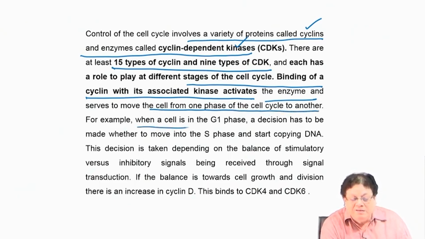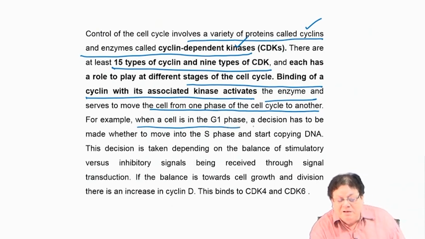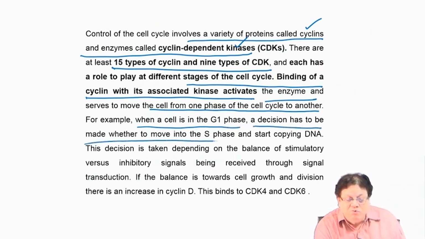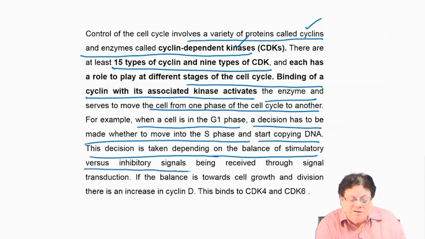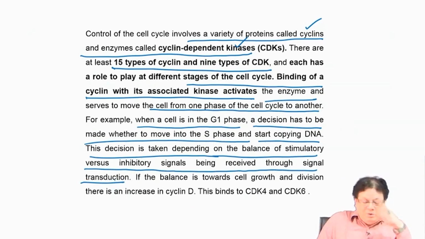For example, when a cell is in the G1 phase, a decision has to be made whether to move to the S phase and start copying the DNA. This decision is taken depending on the balance of stimulatory versus inhibitory signals being received through signal transduction. So, that is another point. When a cell goes from G1 to S phase, that decision has to be taken.